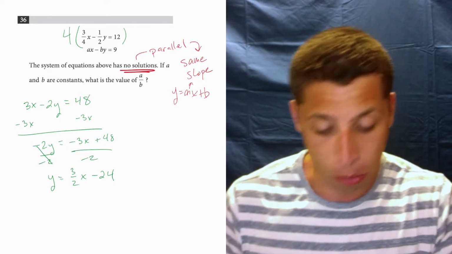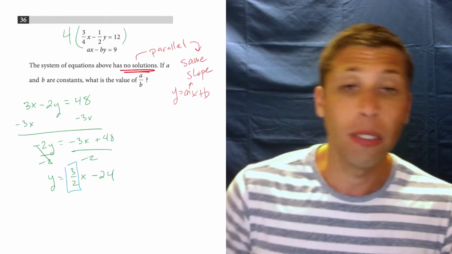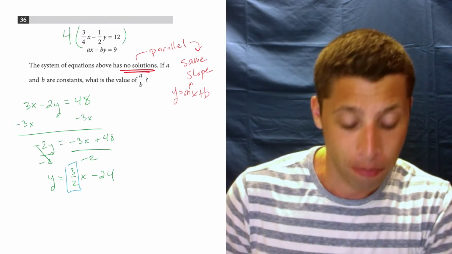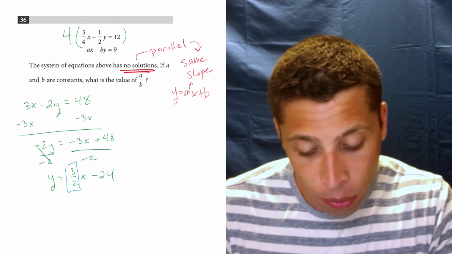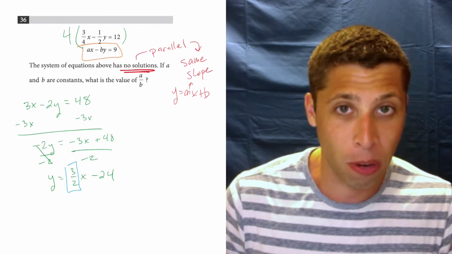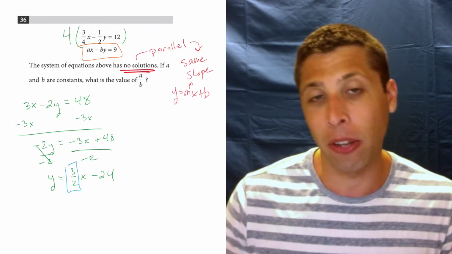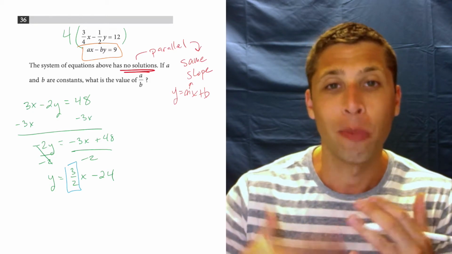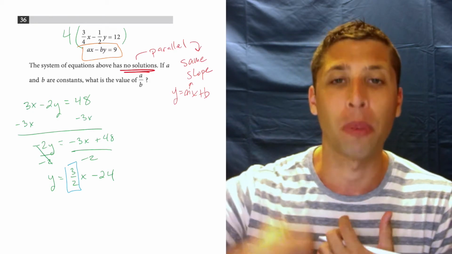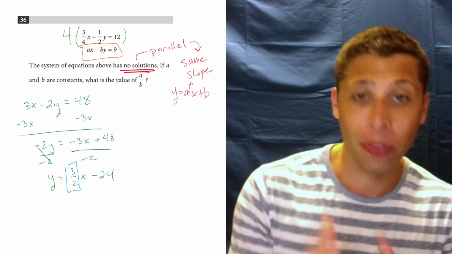That is my slope. So now what I want is I want my other equation to have that same slope. So what I would need to do now is change this into y equals mx plus b form. And it's a little more annoying because the a and the b are kind of also part of this, but that's why we get in the habit of doing this process so that when things get a little weird, we've got the right motions built in.